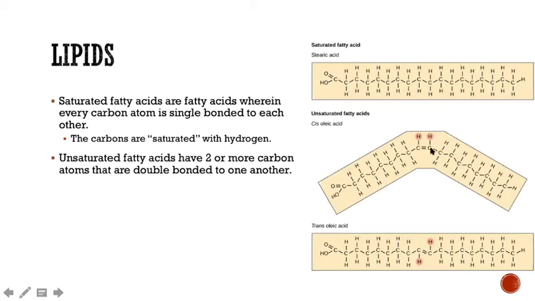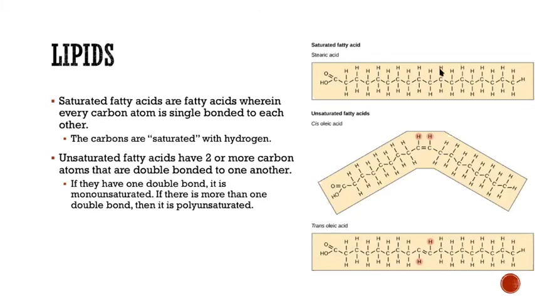So here you can see that these 2 carbons share a double bond, so they're not saturated with hydrogen, hence the term unsaturated. And then you can either have cis unsaturated fatty acids where the chain continues on the same side, or you can have trans unsaturated fatty acids where the chain starts on either the bottom here, then is on the top of this atom, or vice versa. It would be the bottom here and the top here.